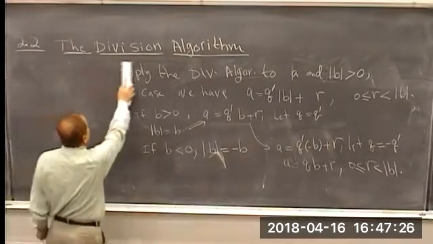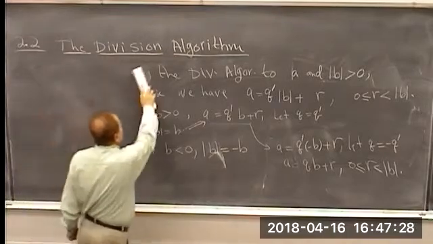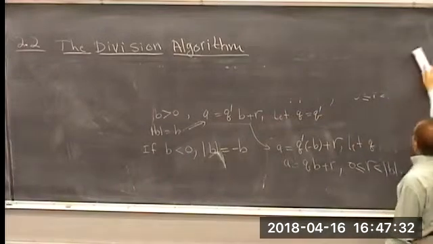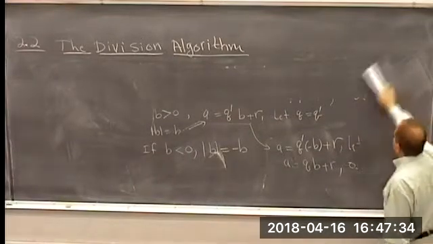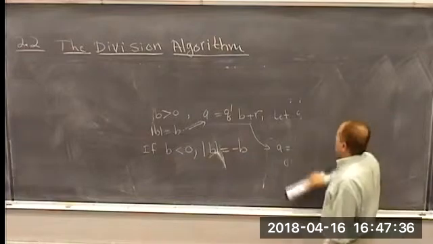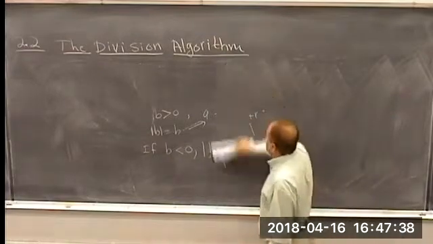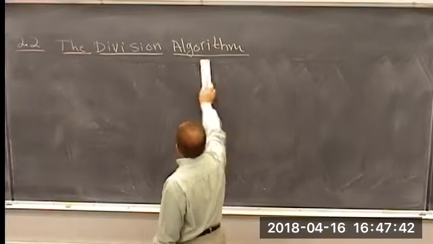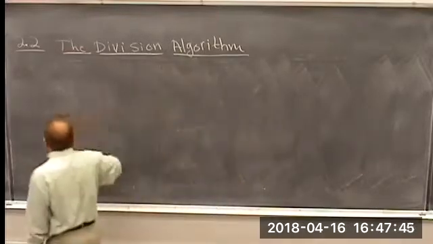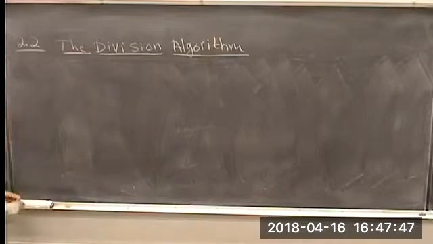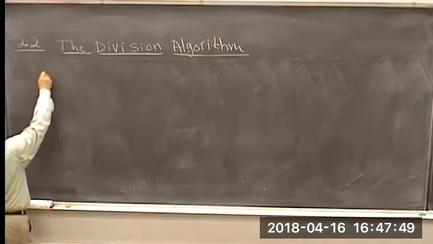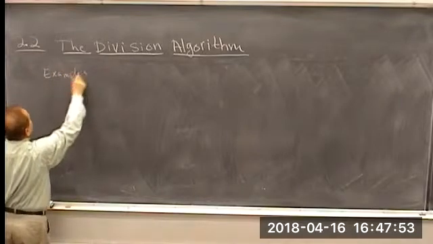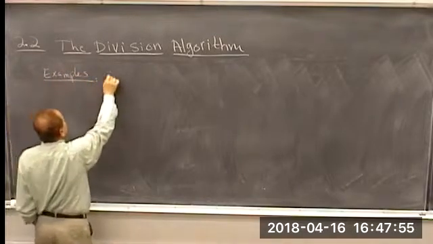Now, actually this characterization of integers into even and odd is one among many similar kinds of characterization of the integers. And the division algorithm actually supplies the reasoning why it is the case. All right? So here are some examples or some applications of the division algorithm.